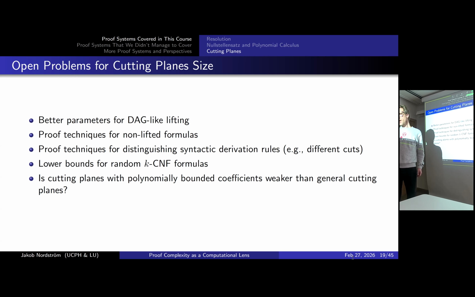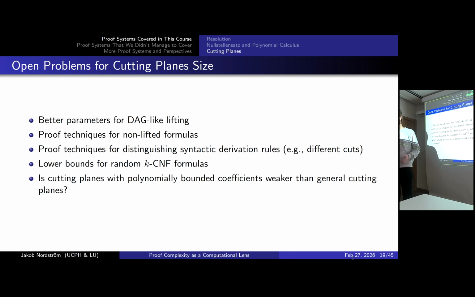One of the last lectures we had, we discussed what happens if I take cutting planes, but I insist that all my coefficients should only have a logarithmic number of bits. So all my coefficients have at most polynomial magnitude. This proof system is often referred to as CP star. It has been open for more than 30 years now whether cutting planes with polynomially bounded coefficients is as strong as general cutting planes up to polynomial factors, or whether there in fact is a separation.